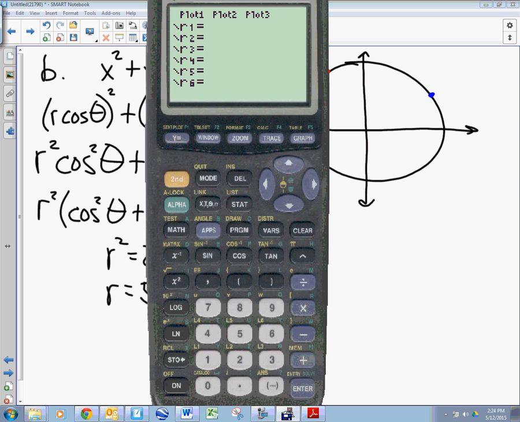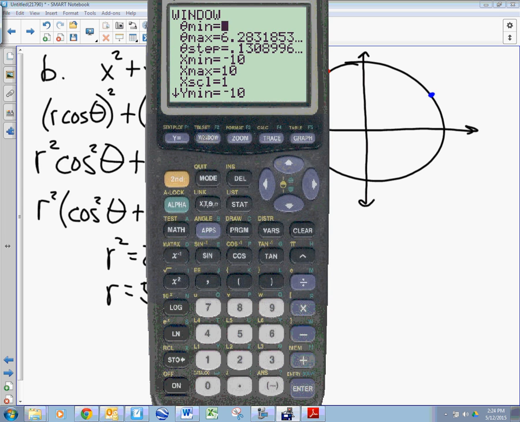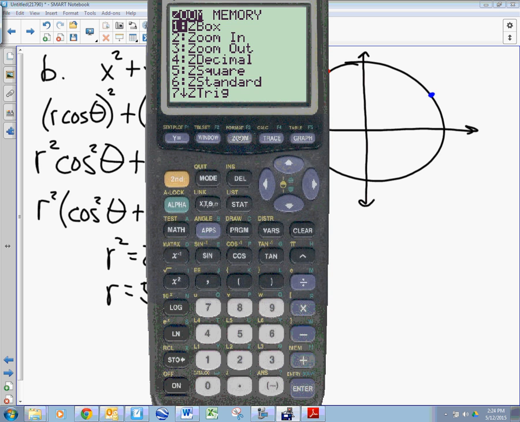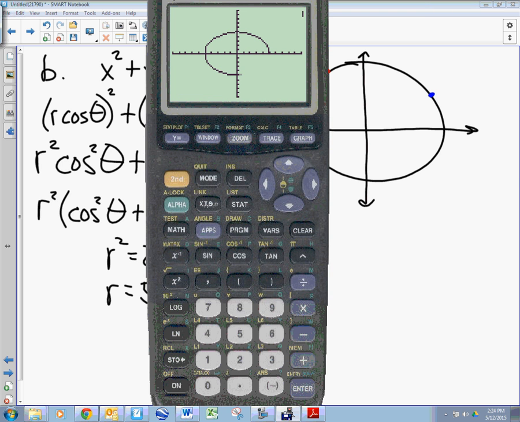And we come up with an r value. We chose r to be 5. And in my window, if we want to complete a full circle, theta has to be between 0 and 2 pi, or 6.28. You can see that right there. So if I zoom standard, we'll see what we get.